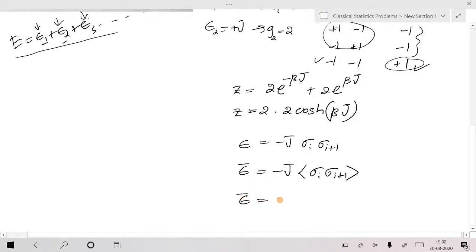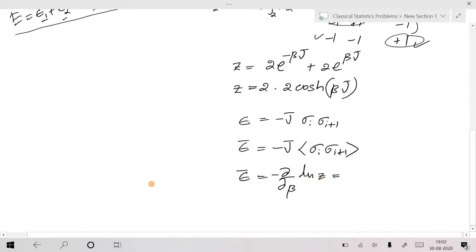I can calculate it by minus dou by dou beta of ln of z, small z. That is equal to minus J tanh(beta J).